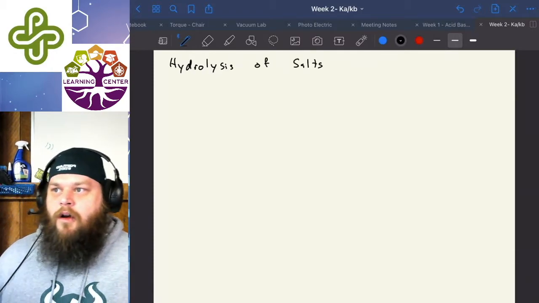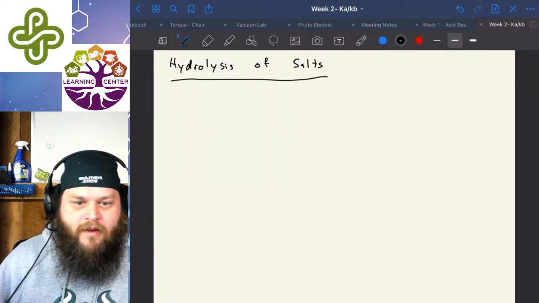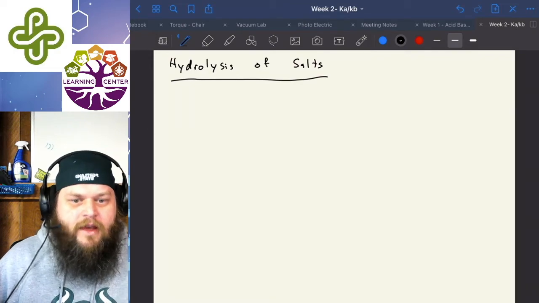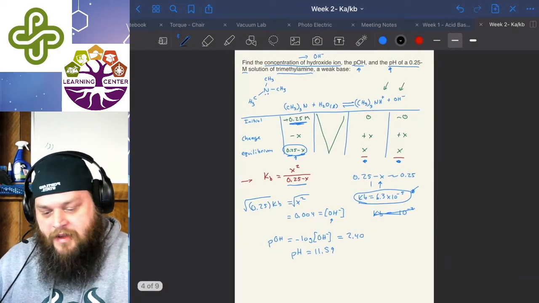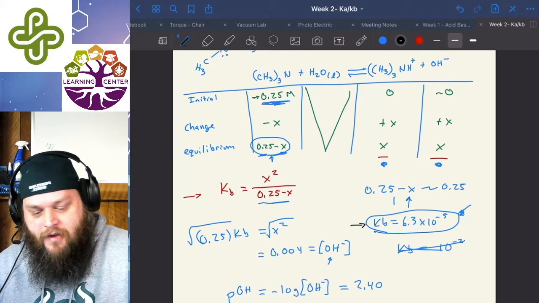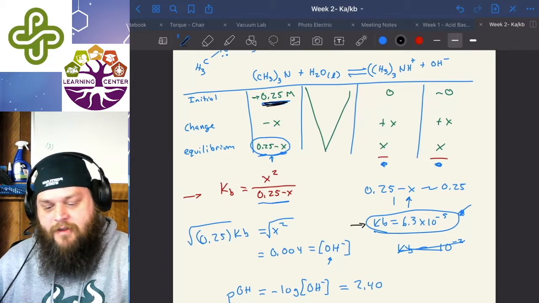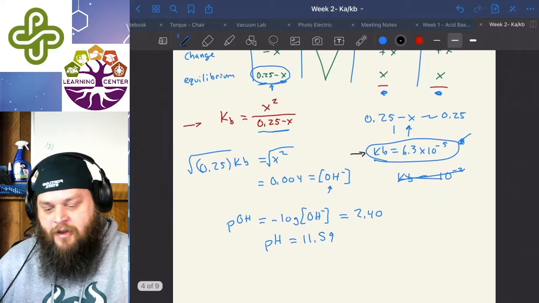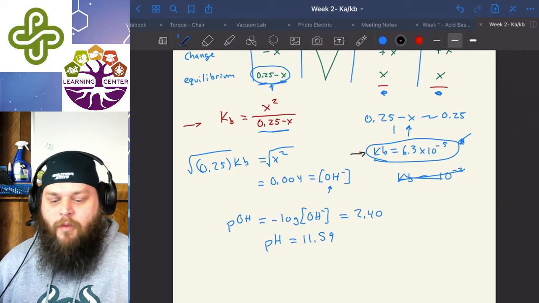It's just we're dealing with salts now, and it does get kind of confusing from time to time when you're dealing with these. A lot of it comes down to your ice table. If you have a Kb value or a Ka value, try to relate that to your molarity, see if you can simplify things. Otherwise, your quadratic formula is going to tell you basically that concentration of one of them when you get down to it.